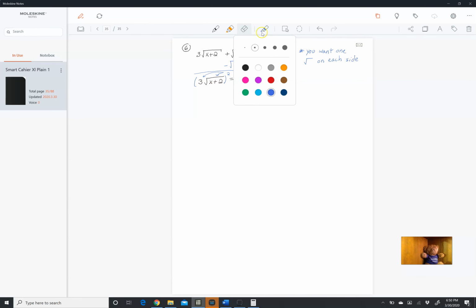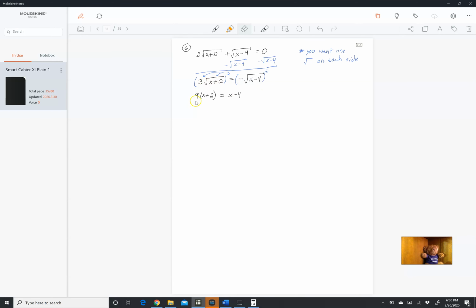So what we wind up with here is a 9 times an x plus 2. You need parentheses because the whole x plus 2 is being squared, and that whole thing is being multiplied by 3 squared. Okay, so the 9 came from 3 squared. And then here, a negative squared becomes a positive, so this is just x minus 4.